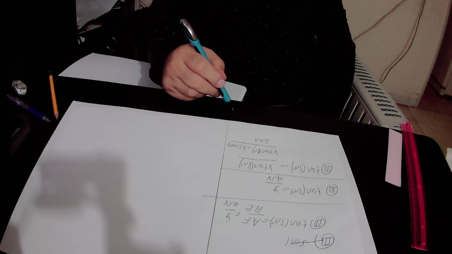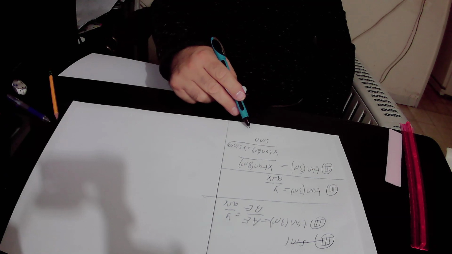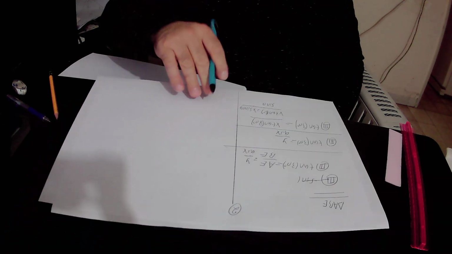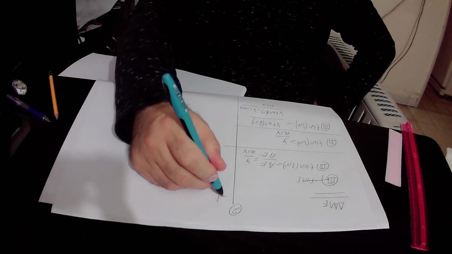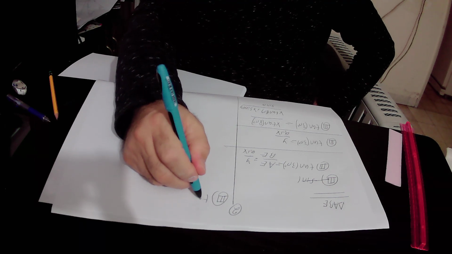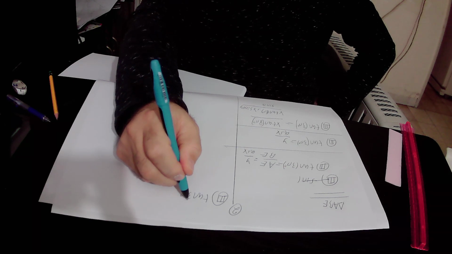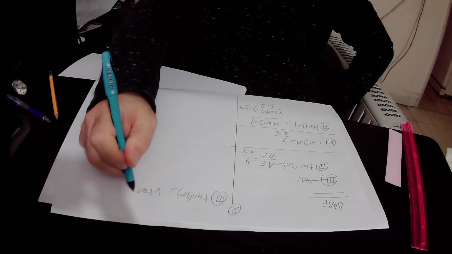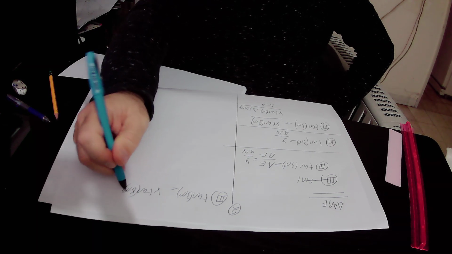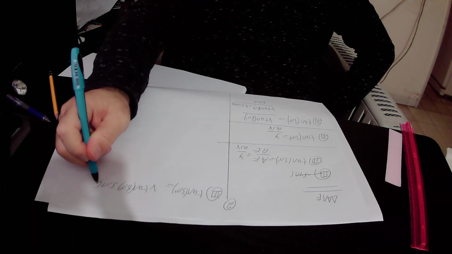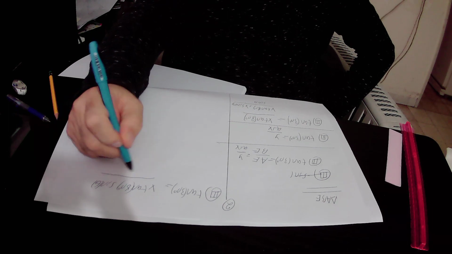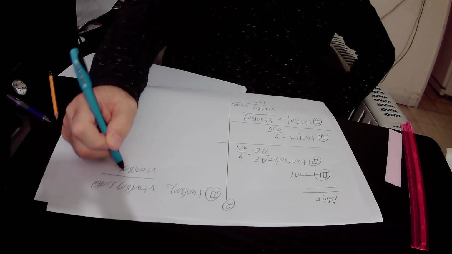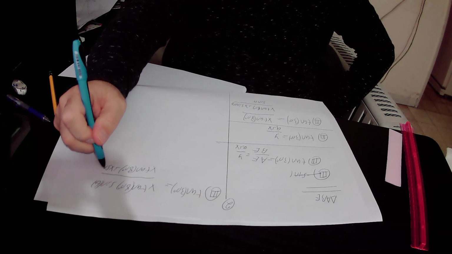Here we will move sine theta, which is in the denominator, to the numerator, and we will get that according to equation number 3, tangent 30 degrees equals X tangent 80 degrees times sine theta over X tangent 80 degrees plus X sine theta.